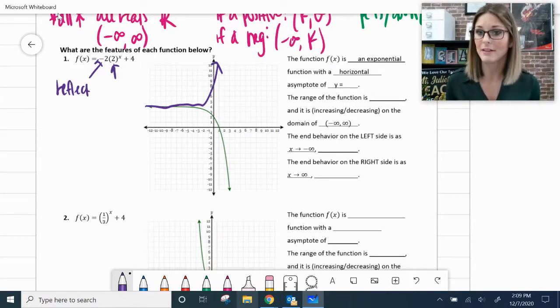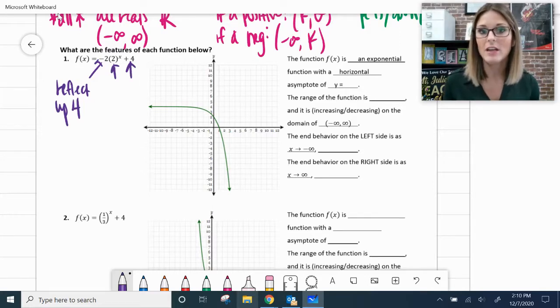x is my exponent, so this is an exponential function. And the plus 4 here means that it moved up 4 units. So it's not sitting on my axis, it's up 4 units. Take a look at that picture there. What you're going to do on Delta Math, you've got all these drop-down boxes. A lot of them are going to be the same for all of our exponential examples.